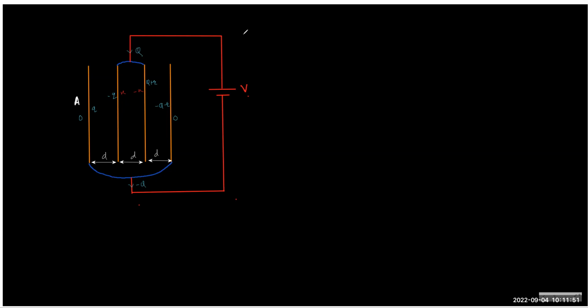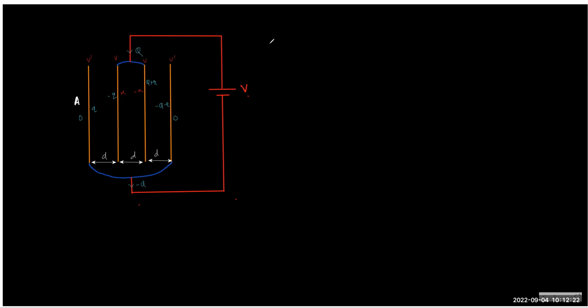So the middle one we can assume x and minus x. I think we need to assume it. And now we can solve. We have two variables, so we need two equations for sure. Now what we know is that if the potential of this is V, this must be V. And if this is V dash, this is also V dash.